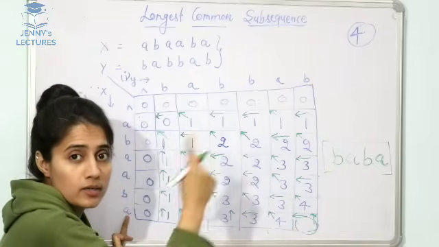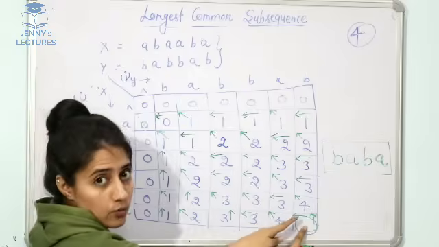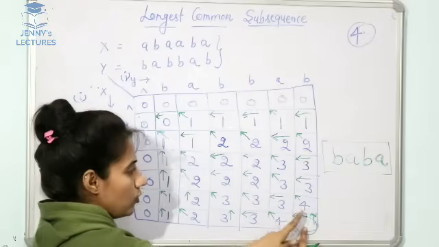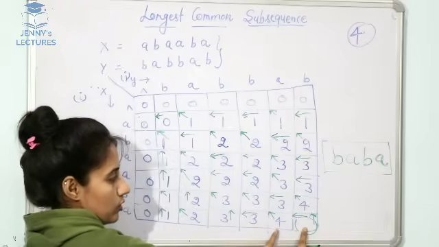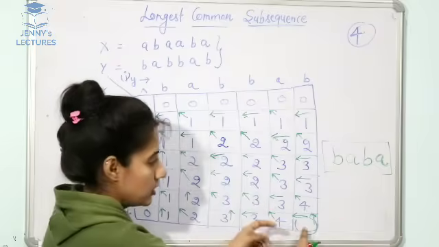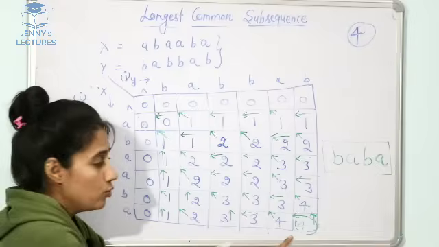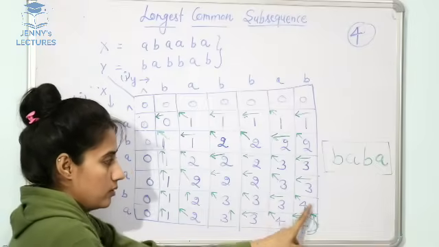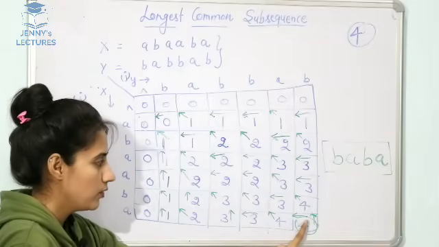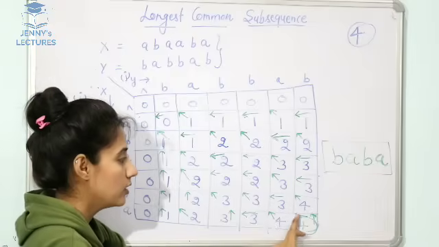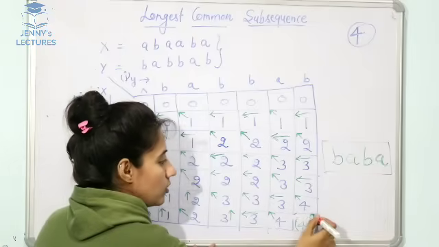In case both characters are different, you take the maximum of this one or this one. Both are the same, so we write 4. And which value did you take? Either this one or this one. In the first case we considered this value, but now we are considering that we have taken the upward value.